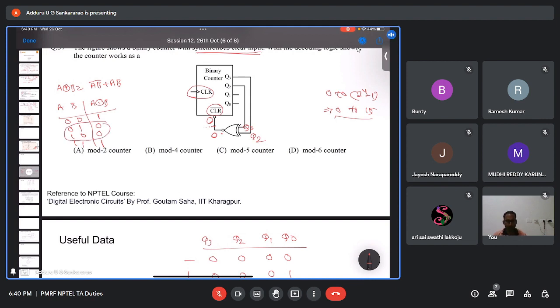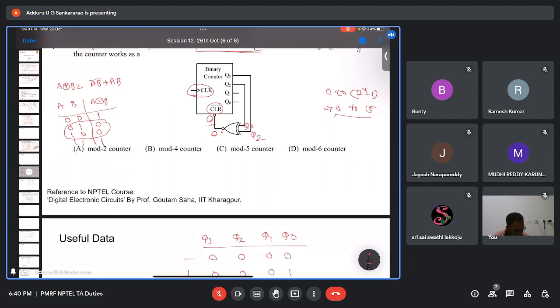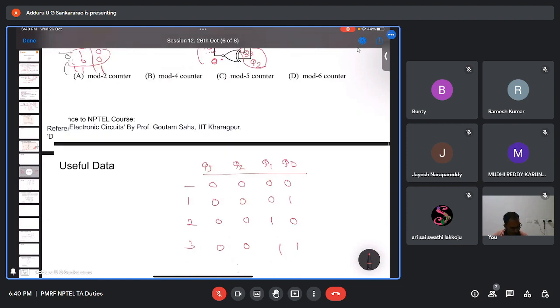That means whenever any one of Q2 or Q3 is 0 and the other 1, the output of the XNOR gate will be 0. Now the 0 is fed to the clear input of this counter. Then all the flip-flops will be cleared. The counter will be cleared or reset.